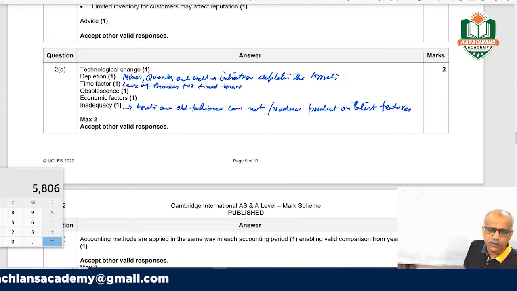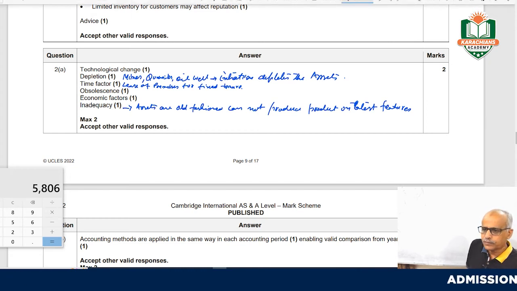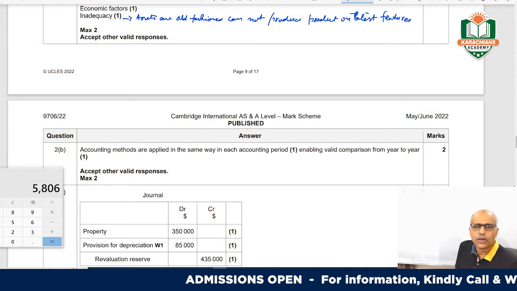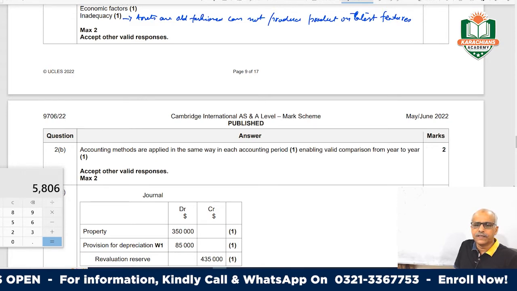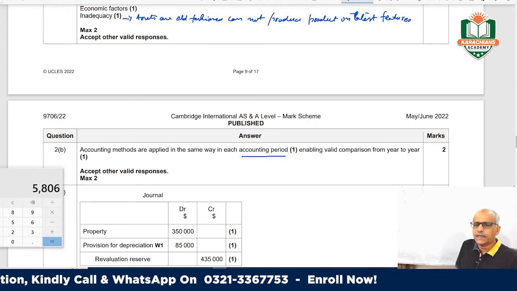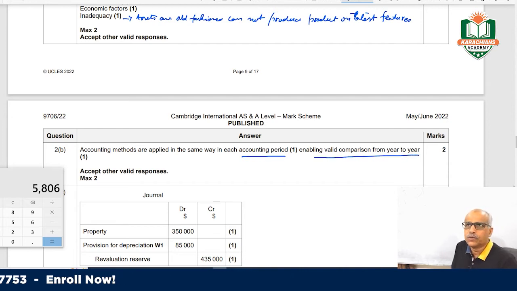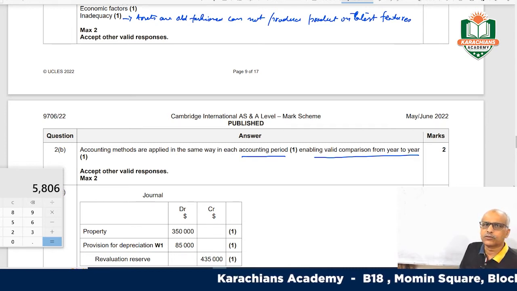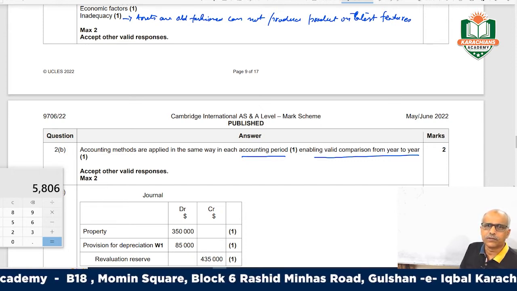So the marking scheme says, accounting methods are applied in the same way in each accounting period, enabling valid comparison from year to year. If you use the straight line method in one year, and in the second year you change to reducing balance, then you cannot compare your financial results because you are changing the method.